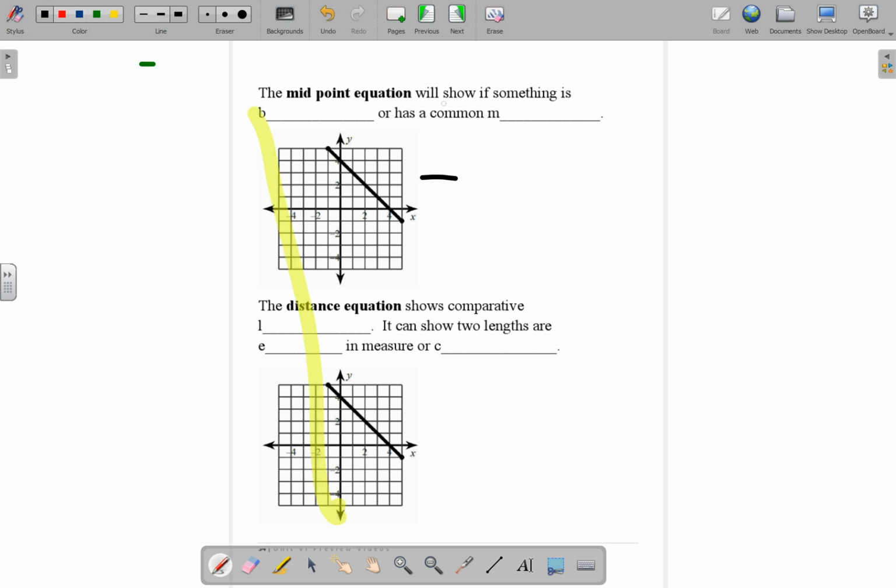The midpoint equation will show if something is bisected or cut in half or has a common midpoint.